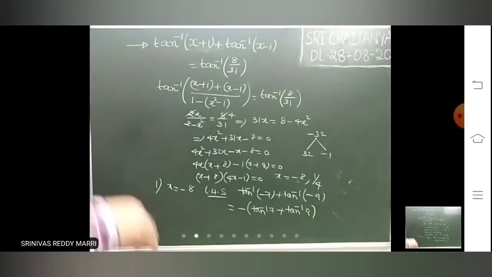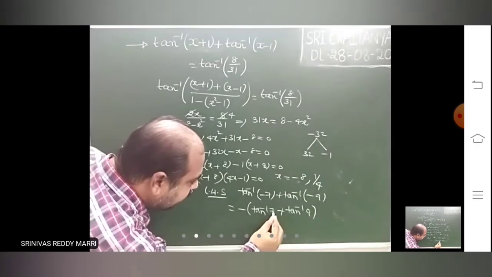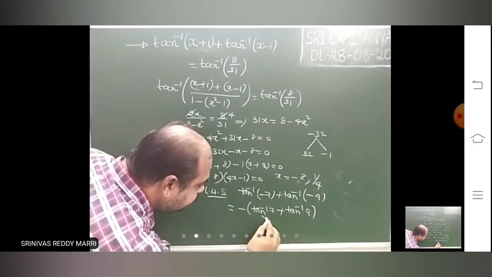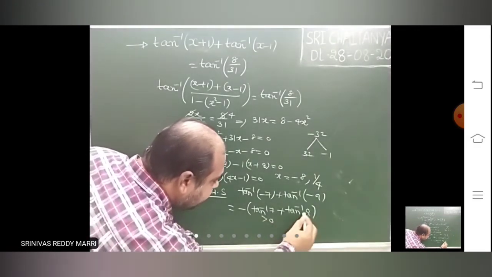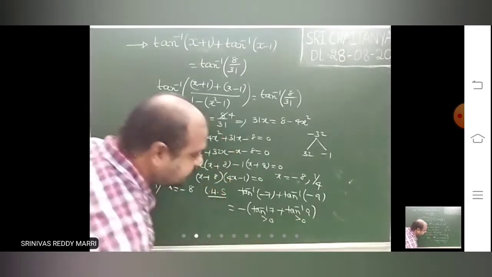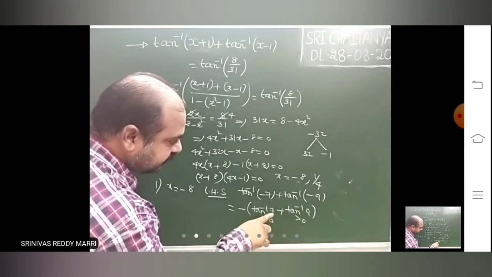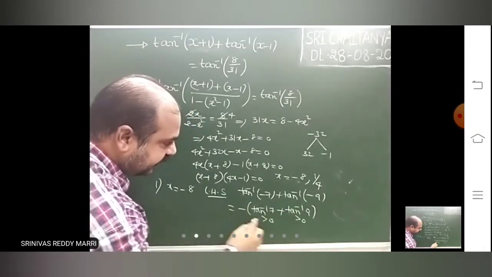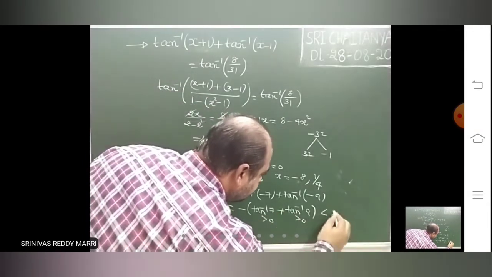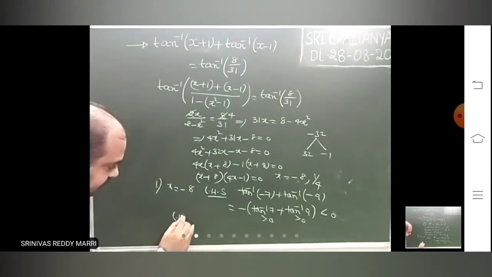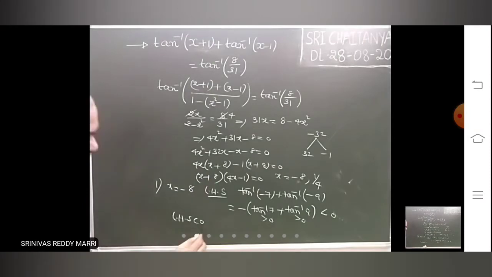Tan inverse 9. Right? Now look here. 7 is positive here, so this is a positive quantity. 9 is positive, therefore this is a positive quantity. Positive quantity plus positive quantity is what? The sum is a positive quantity with a negative sign. So therefore, LHS is less than 0. Clearly, LHS is less than 0.